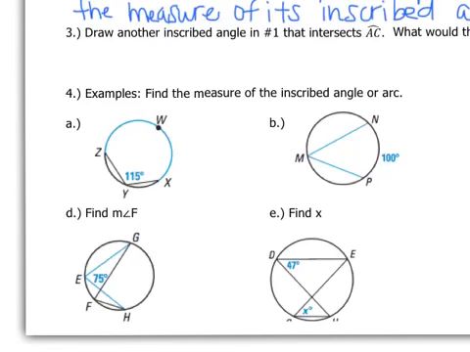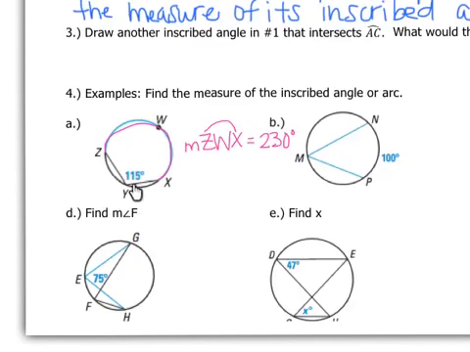The measure of the arc is going to be twice that. So the measure of arc ZWX is going to be 230 degrees. We know that this is going to be a major arc because its measure is greater than 180 degrees. So make sure you're naming it with 3 letters.